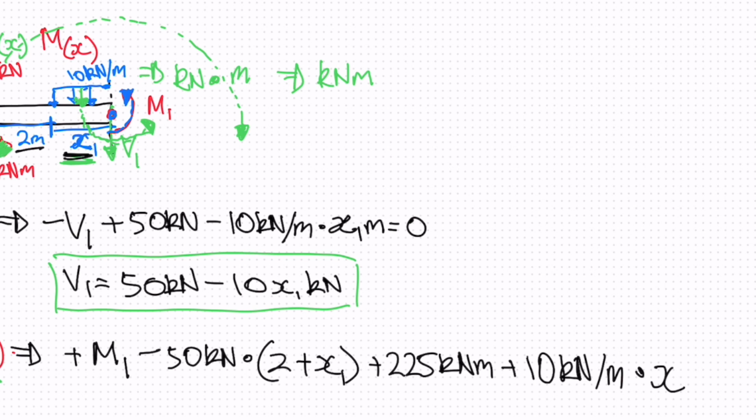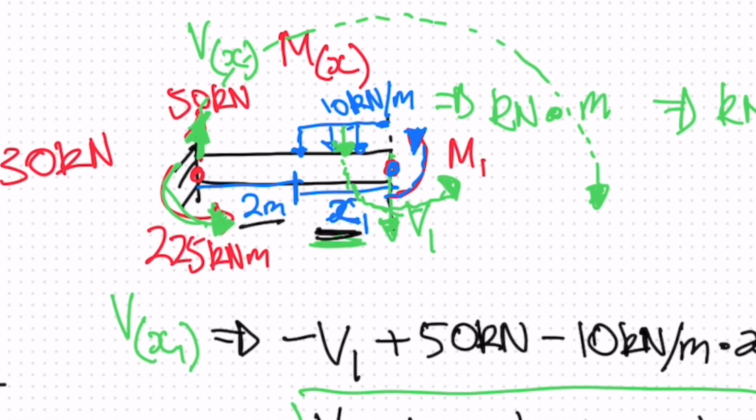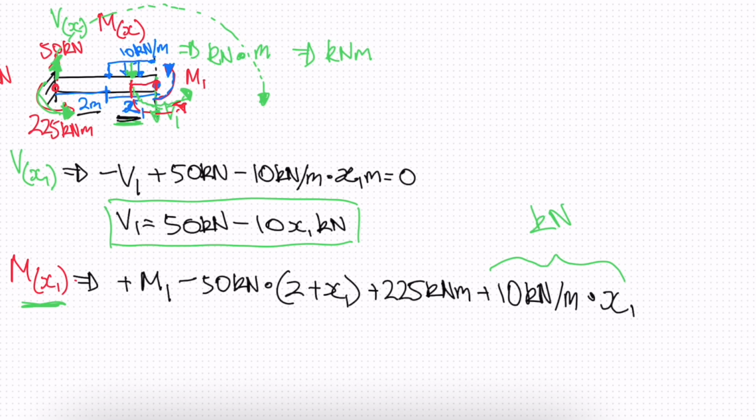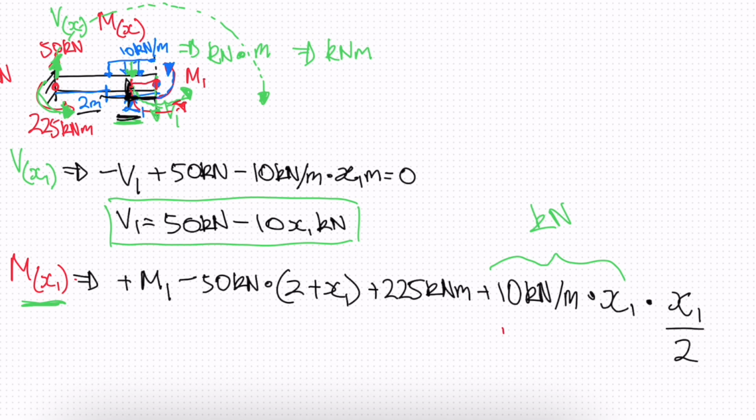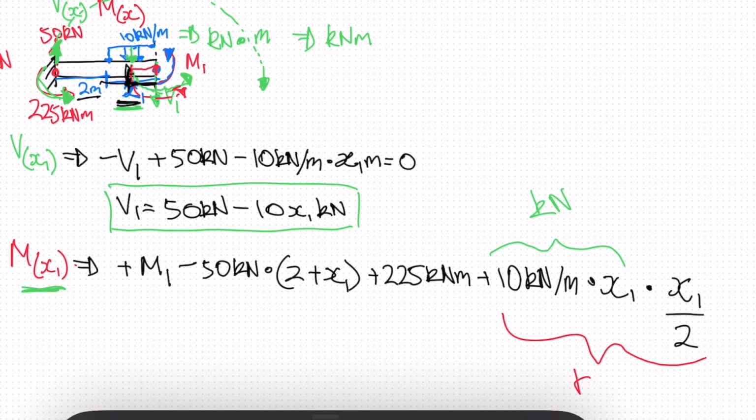This will be kilonewtons, the point load, and then we need to multiply it by this distance to make it a moment, acting around this direction. So we have multiplied by x1 over 2, since it's halfway of x1. And this is finally kilonewton meters. This is what we want.